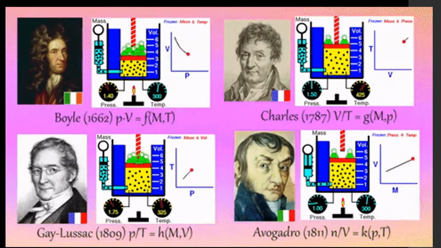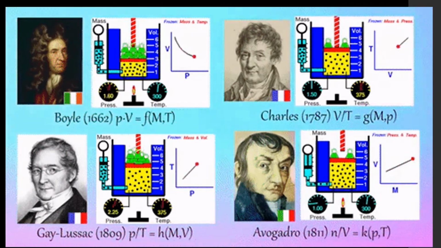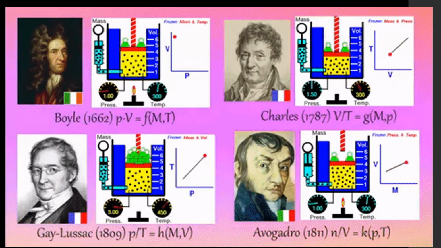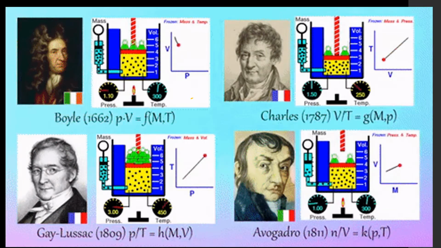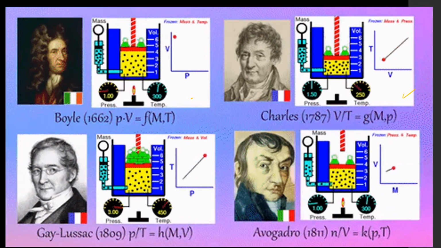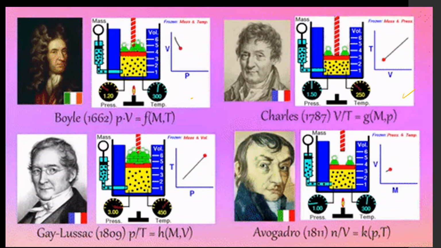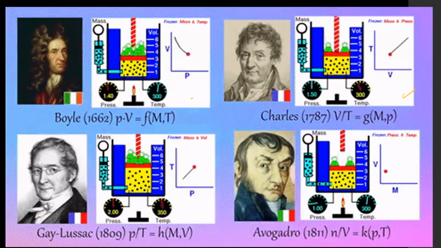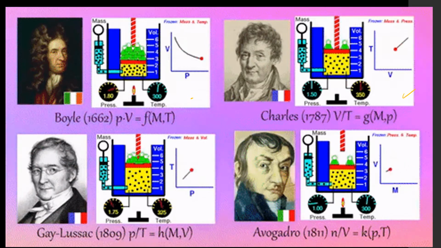So volume and pressure are inversely proportional, so that's for Boyle. So we have an inverse relationship here. If we look at Charles's law, as temperature is decreased, the volume decreases. So if I put a blown up balloon in liquid nitrogen, for example, you would see that it shrinks.